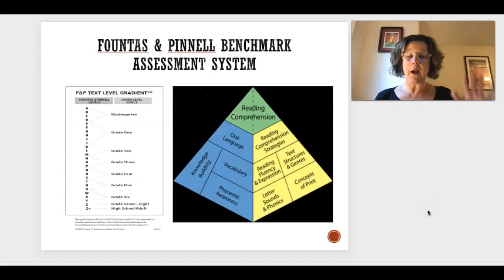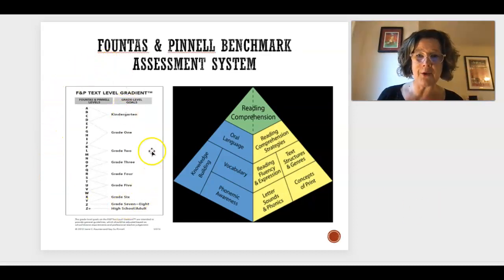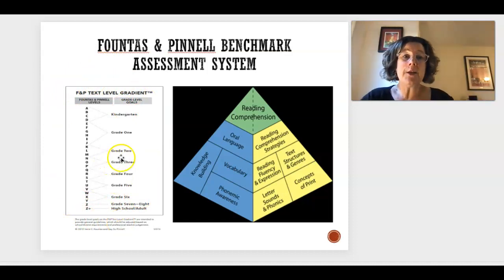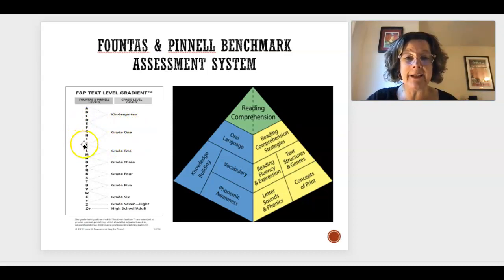So this is the benchmark system. The Fountas and Pinnell, you've probably seen or heard about leveled readers. So this is where the concept of leveled reading books or readers comes from. If you are teaching grade 1, they're basically saying a grade 1 child should be able to read anywhere between level E and level J. Grade 2 is K to M, those kinds of things.